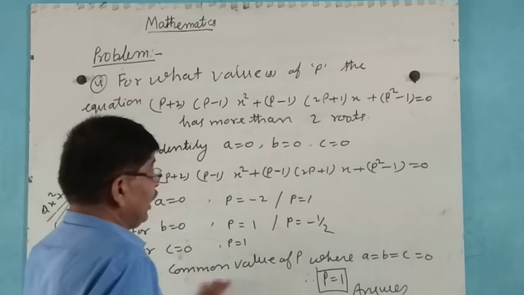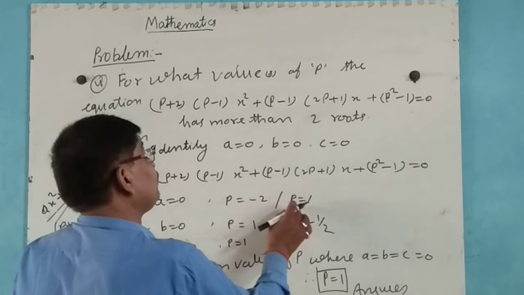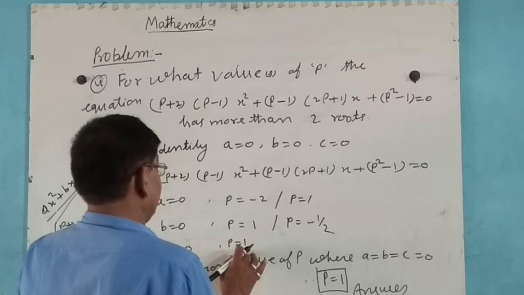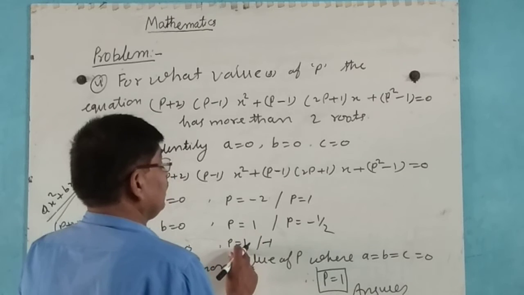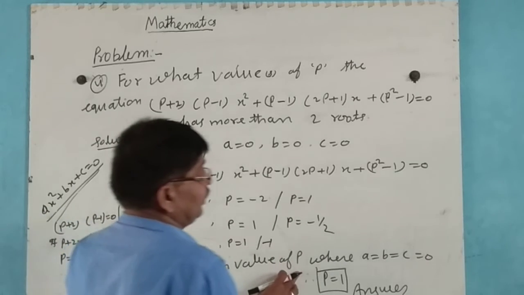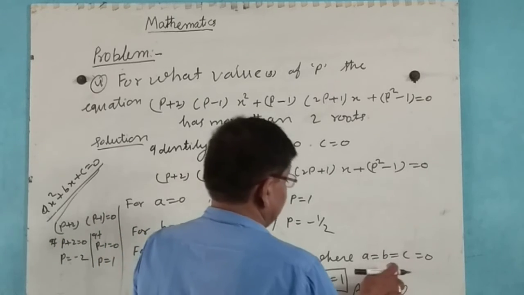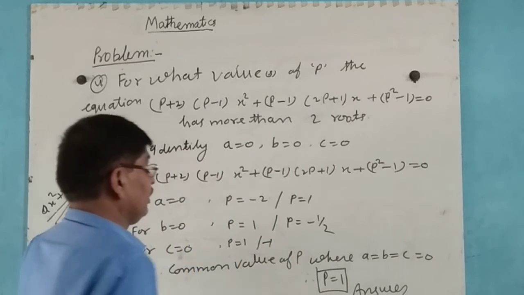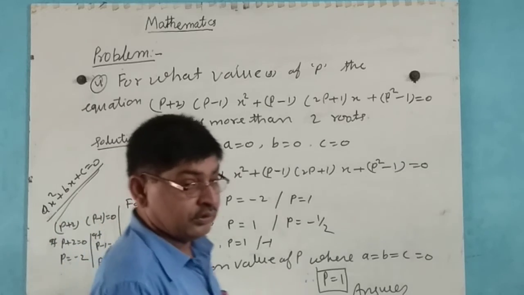Now the common value of p among minus 2, 1, minus half and 1 is 1, where a equal to 0, b equal to 0 and c equal to 0, so the required value of p equals 1. Answer.